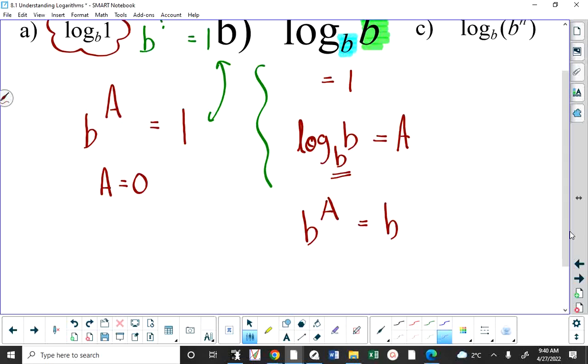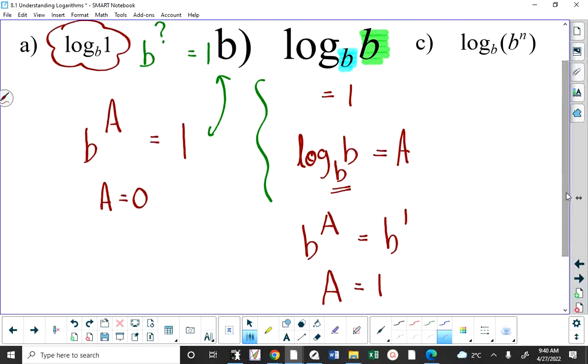And now what we have, everybody, actually is an equation from yesterday. We have an equation that's exponential, and the base is the same, which means the exponents must be the same, which means a equals 1. That may be overkill for some of you.